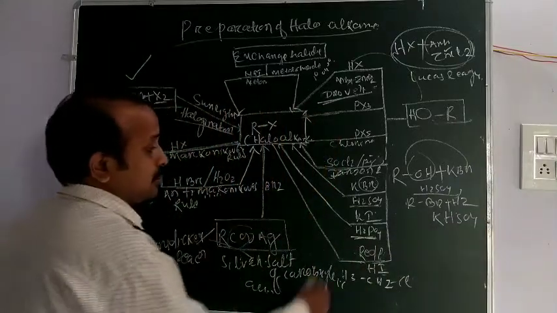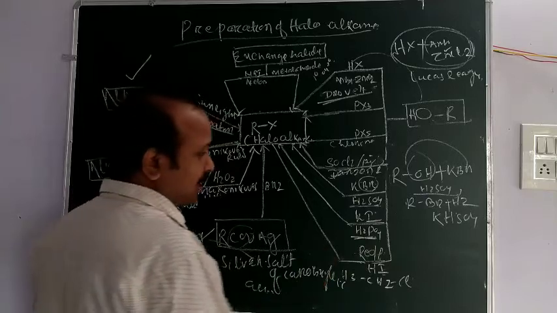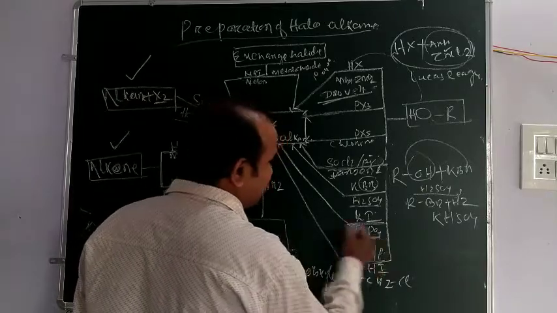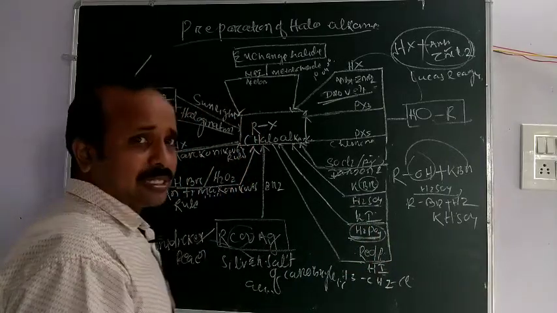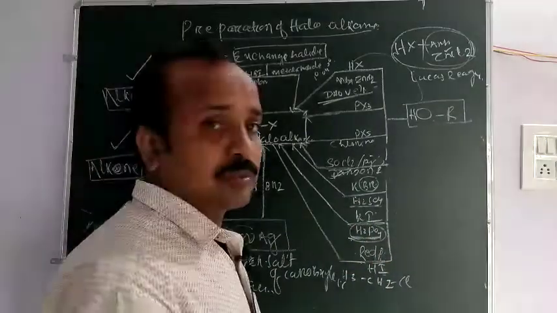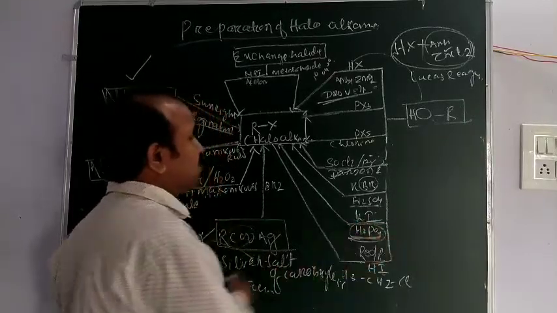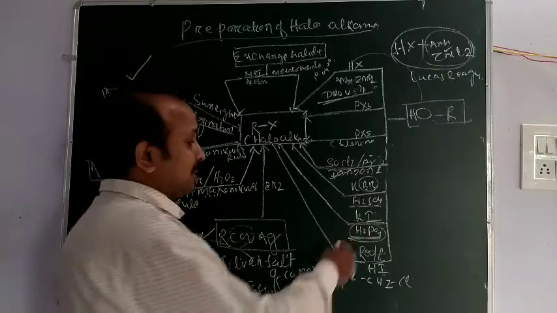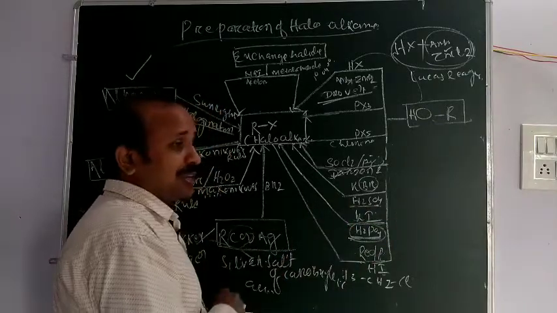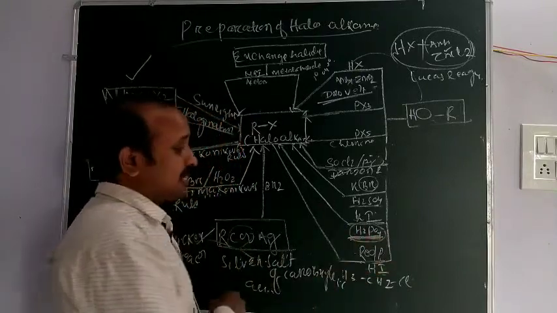Okay, iodoalkane will be prepared by KI with H3PO4. Since iodoalkanes are more reactive, they require a weak acid like H3PO4.